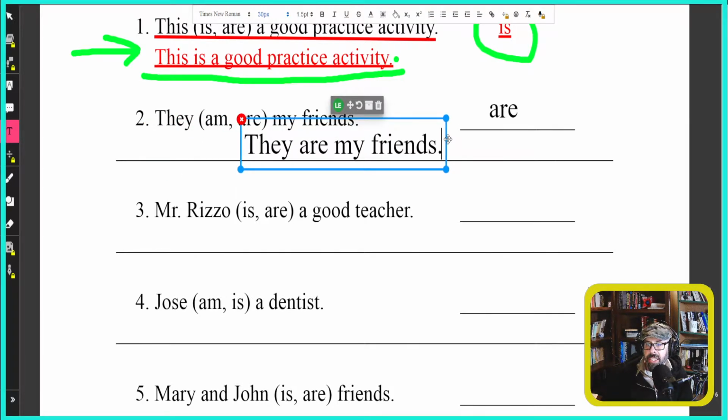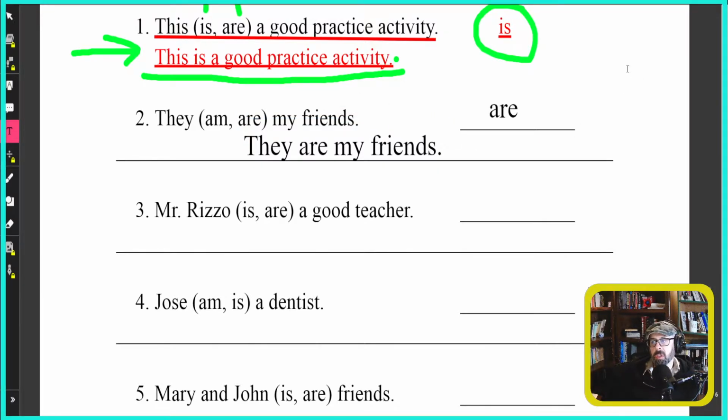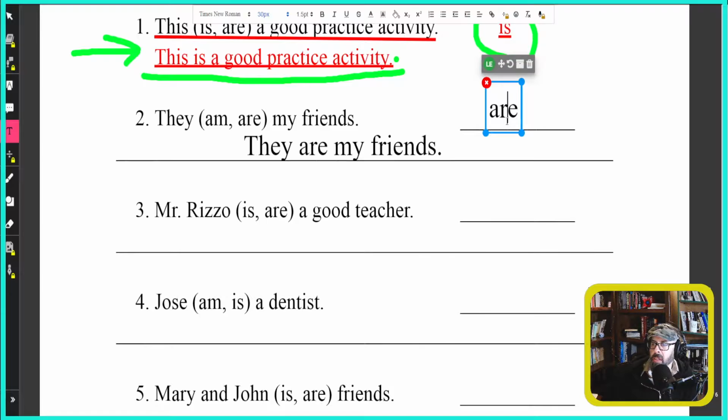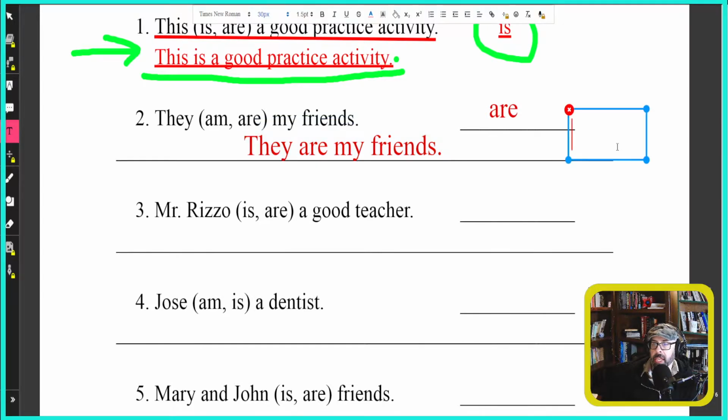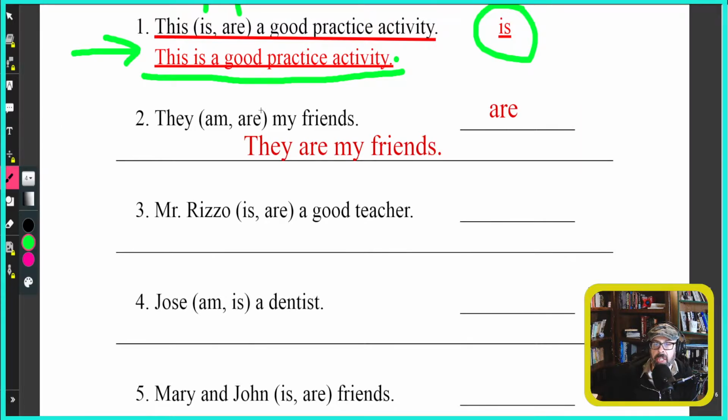Well, let's make this a little easier to see. Let's change this to red. So they are my friends. Correct answer, are.